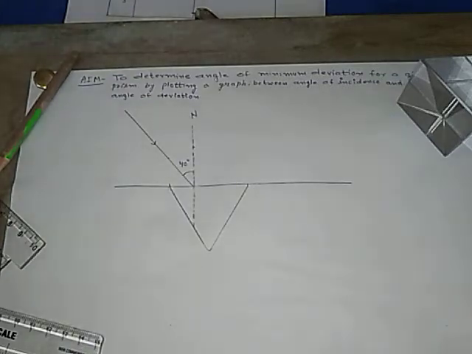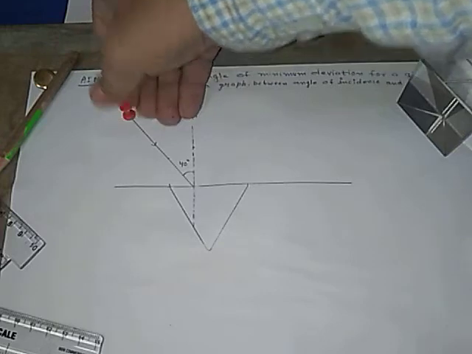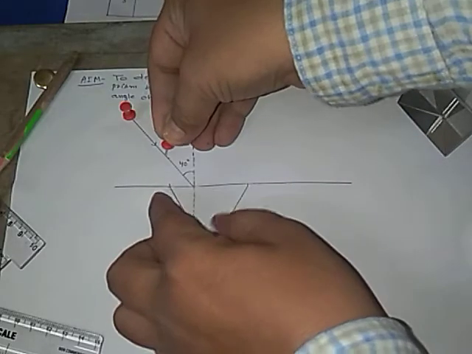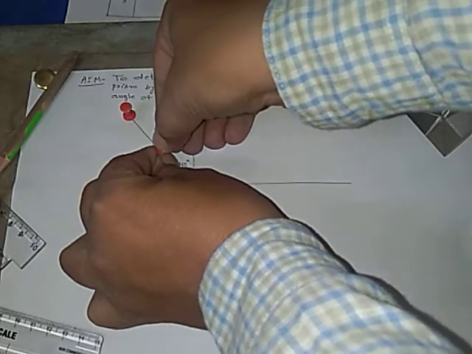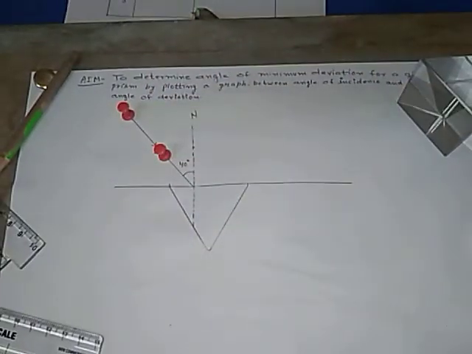Now we can fix two pins on this ray. Pins should be vertically upwards, and they will be collinear.